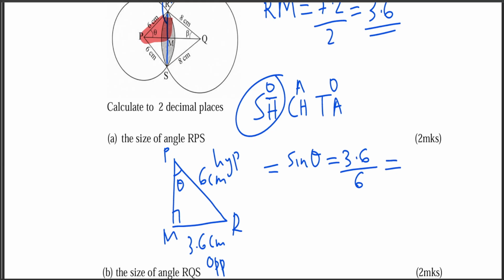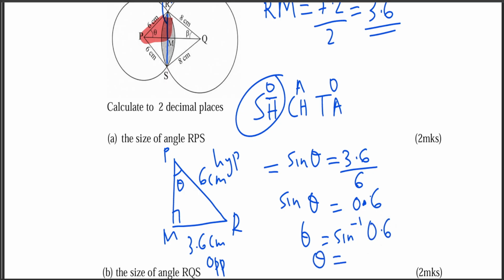So let's see how much it gives us. Once you divide 3.6 by 6, it gives sin theta is equal to 0.6. Then theta is equal to sin inverse of 0.6.